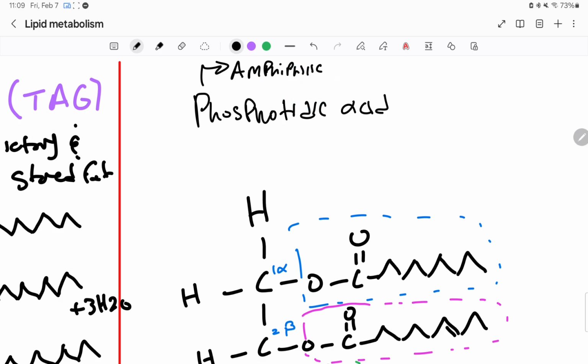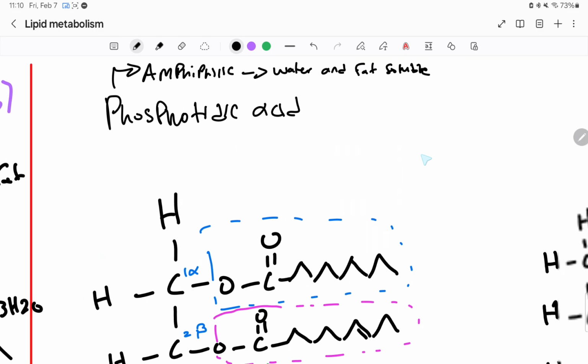This means that they can actually be attracted to both water and fat. So they're both water and fat soluble. This puts them in a very unique situation, which makes them very ideal structures for compartmentalizing things.